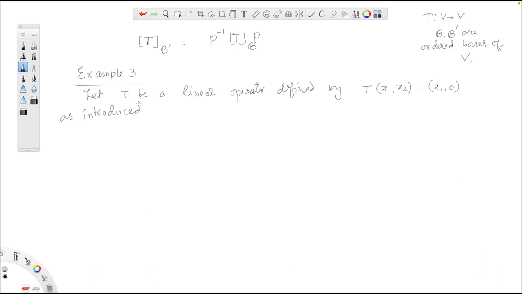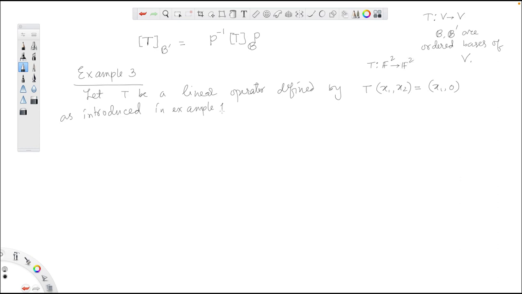We studied this linear operator in example 1, and we also found its matrix representation relative to the canonical basis of F2. So T is the linear operator on F2.